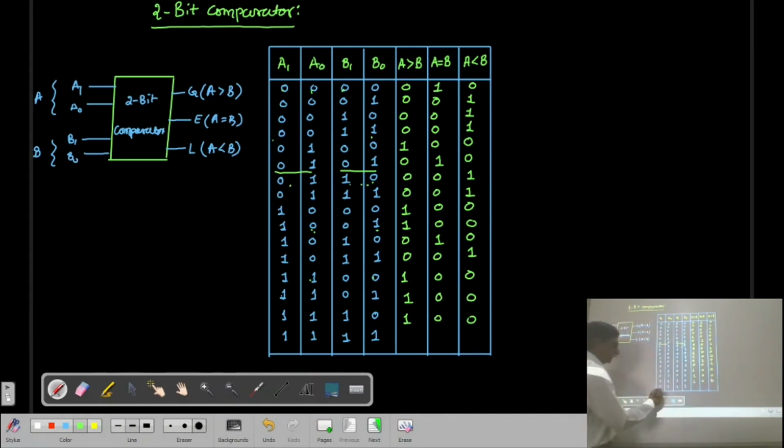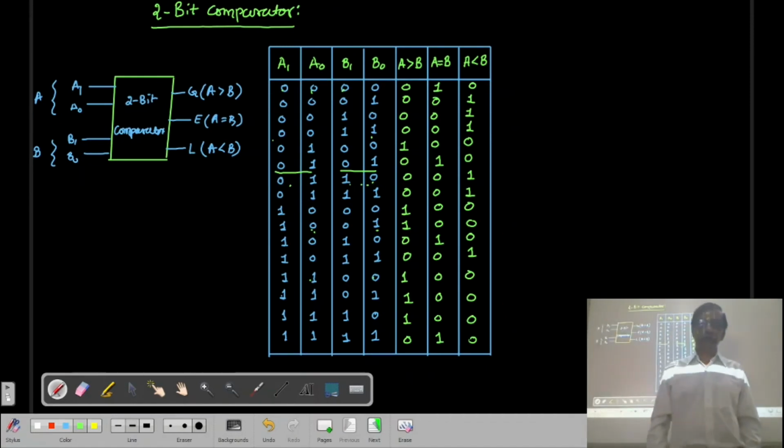But now if you look at this, A is 1 1, B is also 1 1. So both the numbers are the same and therefore this is 1 and this one is 0 0. So in this way you can prepare the truth table.